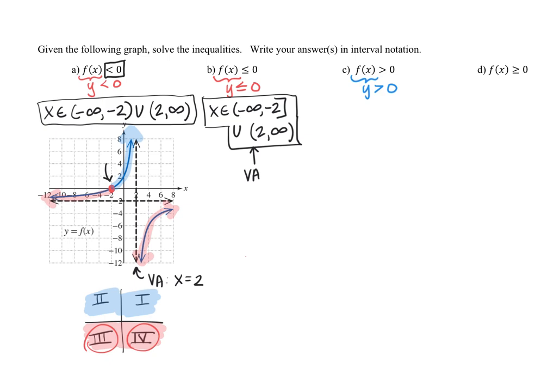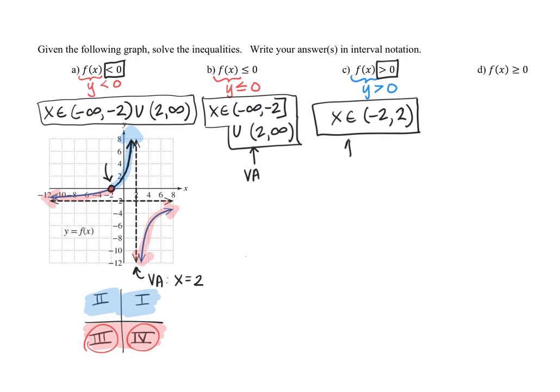So that is going to, again, start at that x value of negative 2, but because we want greater than 0, not equal to 0, we're not going to include x equals negative 2, so we'll use a parenthesis on that. And then this blue portion of the graph gets really, really close to x equals 2, but remember, it never touches it. So we will use a parenthesis on positive 2 as well. So x is an element of the interval from negative 2 to 2.